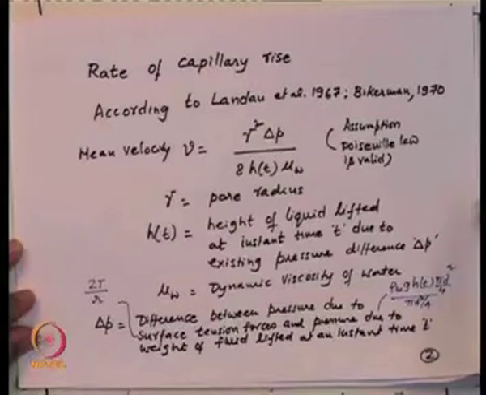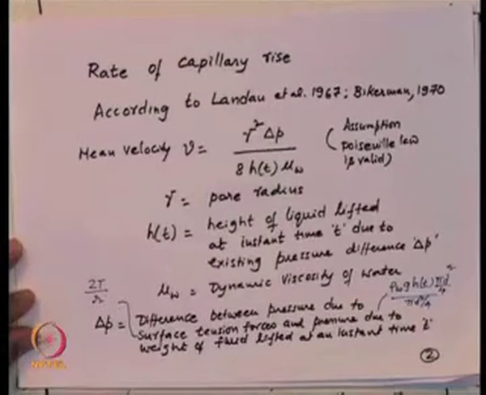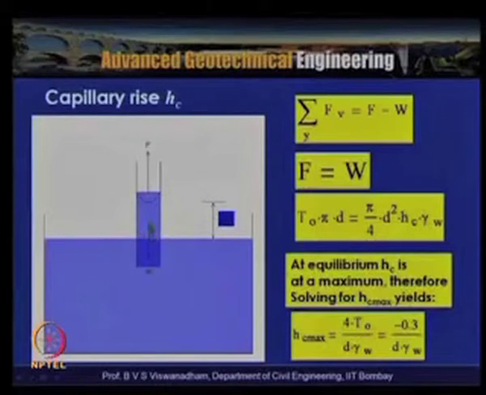Ht is the height of fluid at any time t. If this is the maximum Hc, then Ht is the rise of water at any time t. In some soils the rate of capillary rise is very slow. Ht is the height of rise of water at an instant of time t.